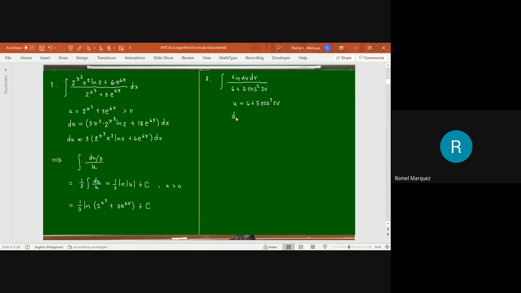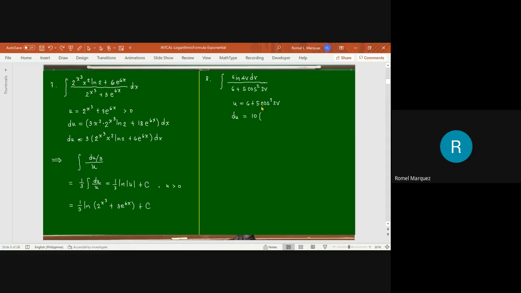What about its du? The derivative of 6 is 0. Second term, what's the derivative? Drop the exponent, multiply by 5, so 10. Then the derivative of the base. What's the derivative of cosine? Negative sine.